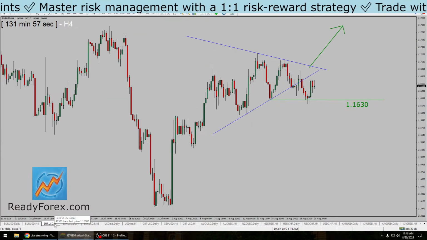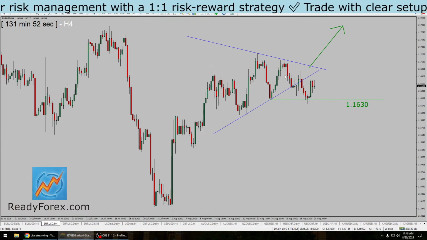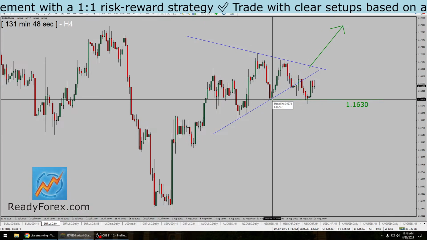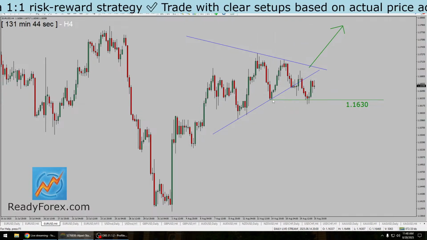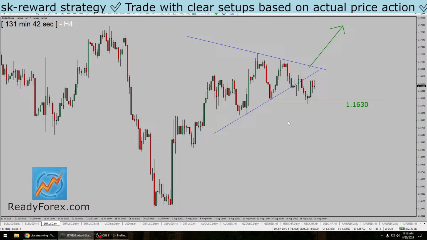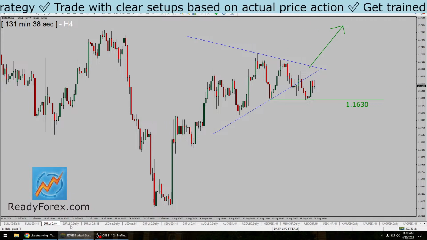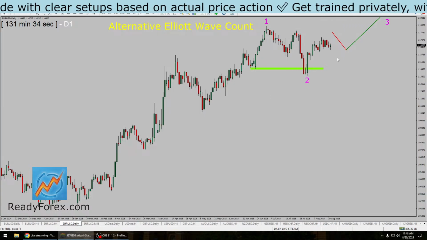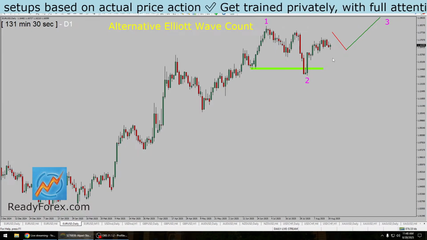So this was the support and a triangle pattern, and price action took out the low over here. So the triangle pattern actually failed. So I don't think the triangle is going to work over here. Then what else do we have? Well, the way I see it, the alternative Elliott wave count is probably going to work.